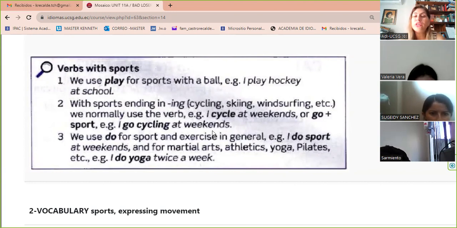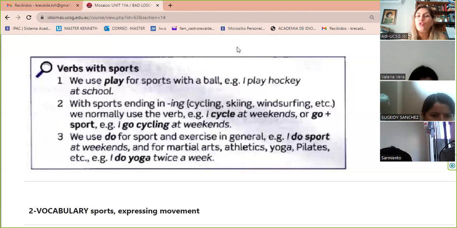And we use do for sports and exercise in general. You say, I do sports at weekends. I do martial arts. I do yoga. I do Pilates. I do athletics. Okay? So, with balls, we use play. With other verbs that finish in ing, you use go, you can use cycle, and other ones, you use do.